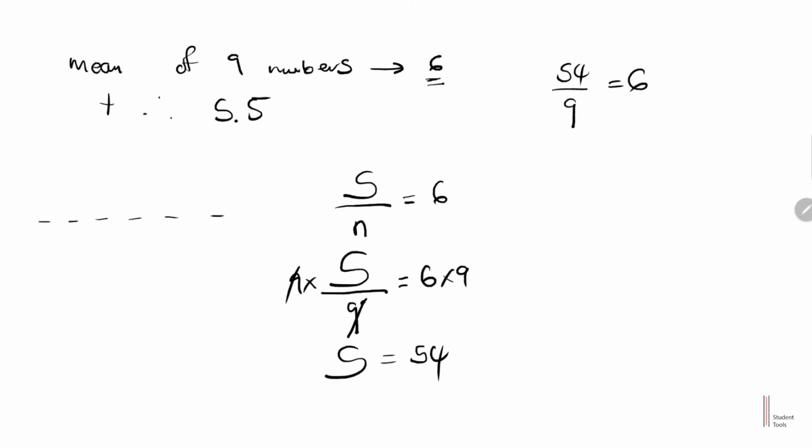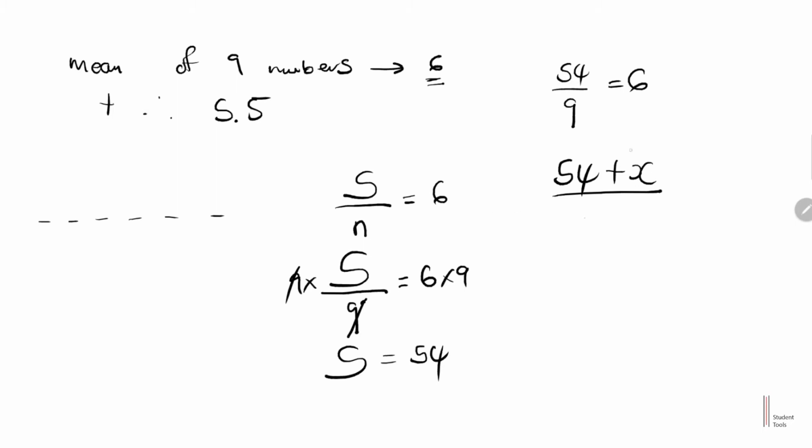But then in the second case, we are told that a 10th number is added to the list. So we will let that number be an x. So let's say 54 plus that other number, which is included in that data set, we'll let it be x. So when we want to find the mean of this, we divide that with the number of values in the data set.